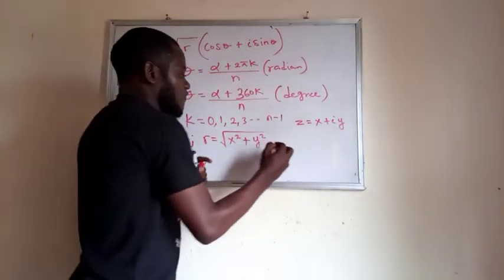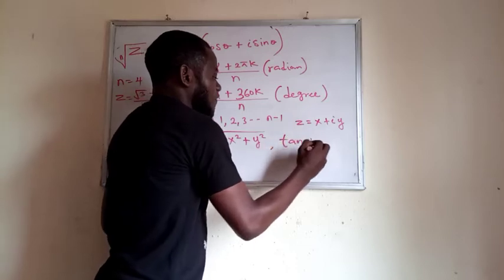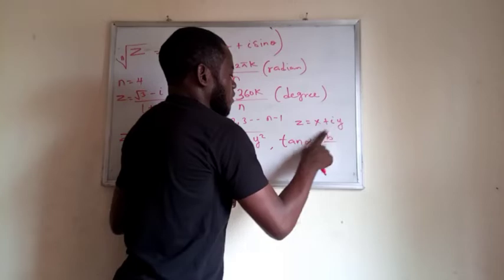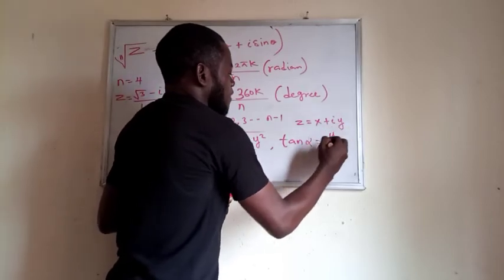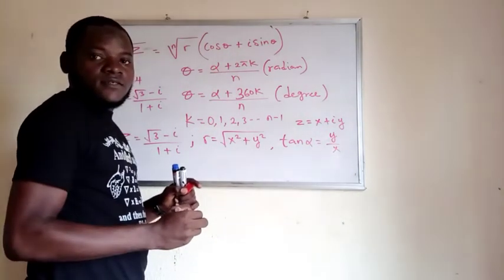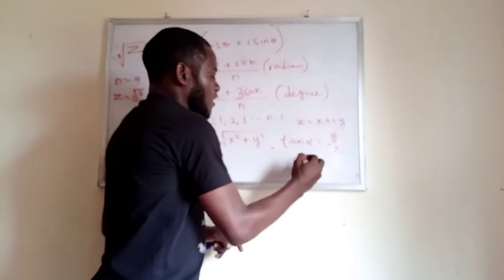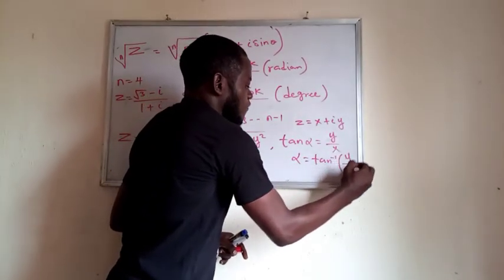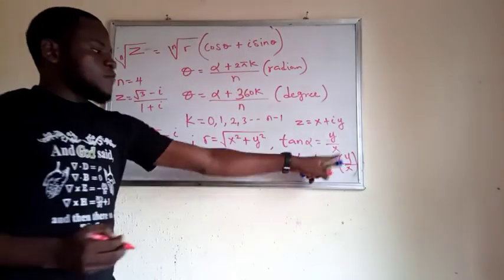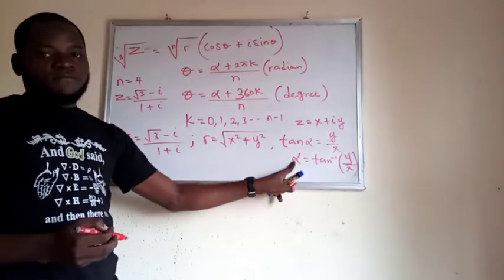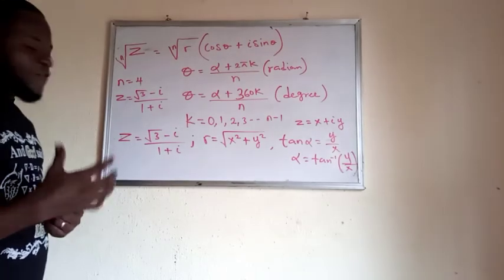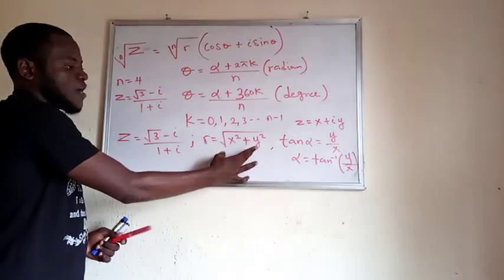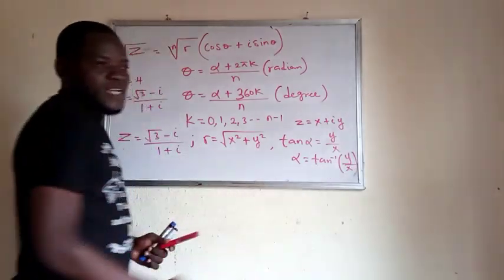The term of alpha is going to be b over what? It's going to be y over x. So alpha is arctan of y over x, and whatever value we have here is the value of alpha. Now, let's first of all determine the value of r. Then when we get the value of r, we come for the value of alpha.